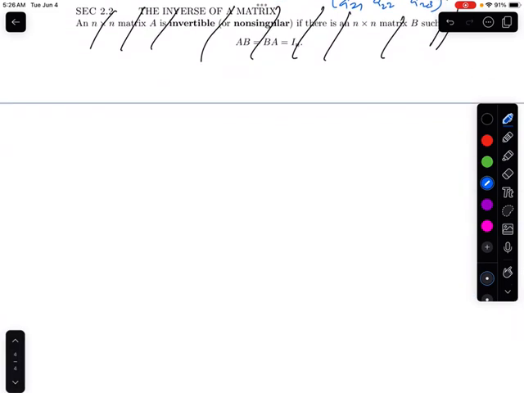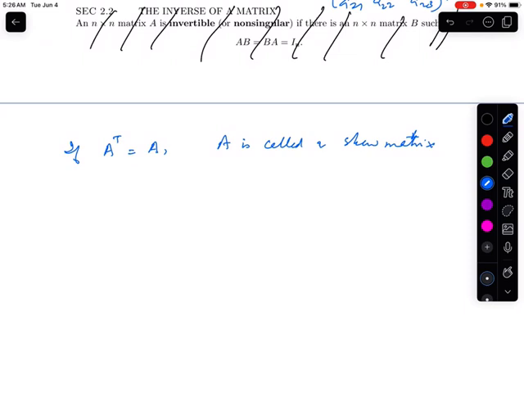Okay, and then we had in that extra lecture, which I called SWAM. So there was this: if A transpose is equal to A, it is called a symmetric matrix.